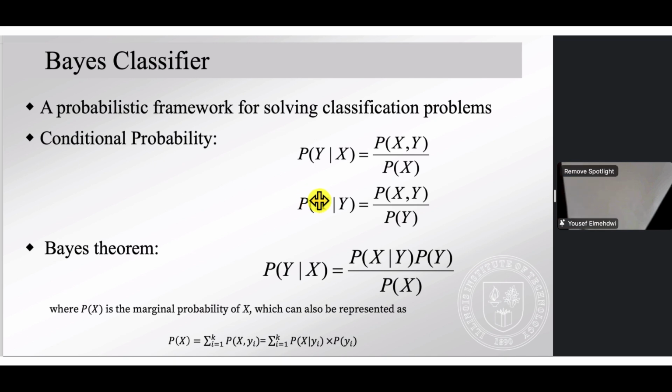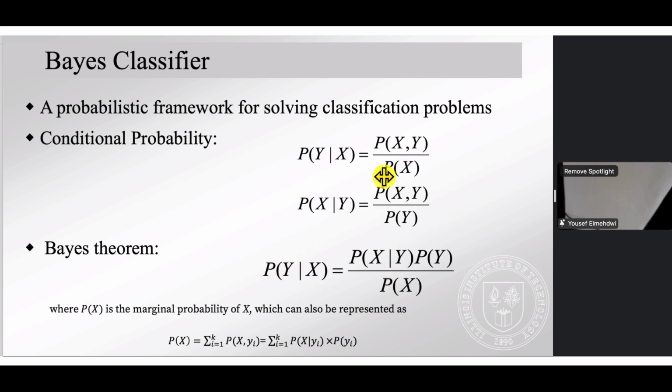So the joint probability of x and y is equal to the probability of y given x times the probability of x, which at the same time equals the probability of x given y times the probability of y. Then we talk about the Bayes theorem, which helps us solve a lot of problems, as we saw last time. So here, the probability of y given x equals the following.